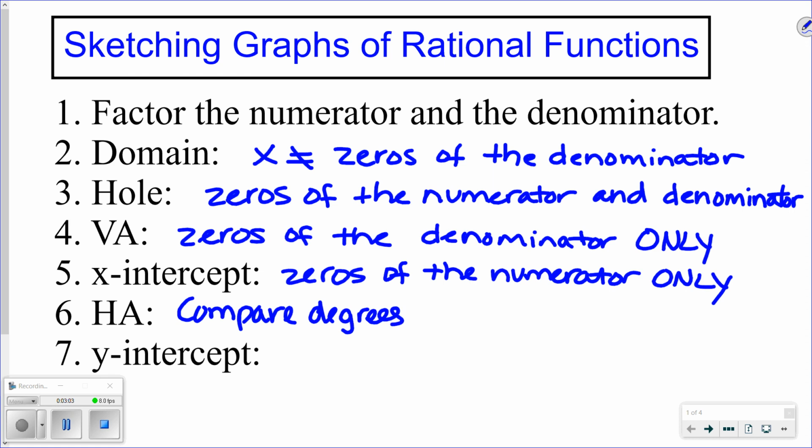There are two things that could happen for the graph to have a horizontal asymptote. Either the degrees are the same, or the degree of the denominator is bigger. When the degrees are the same, that is when you divide the leading coefficients.